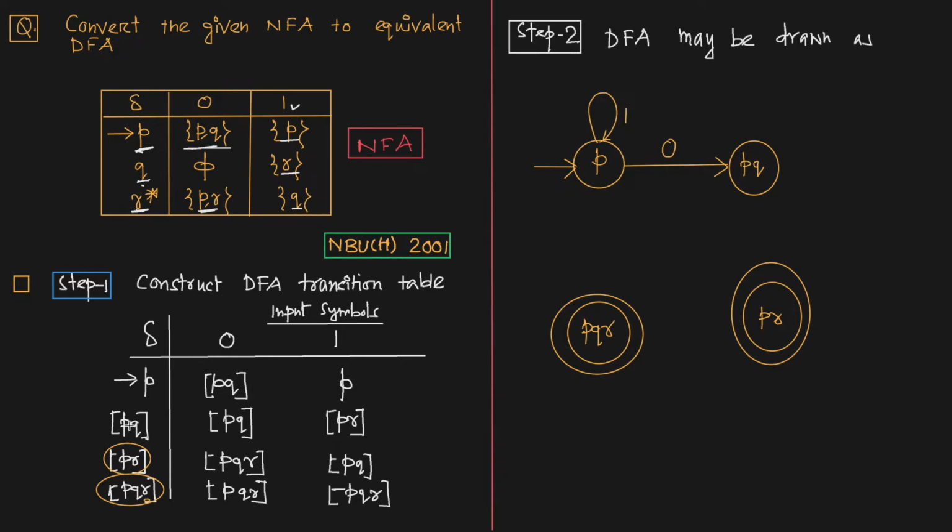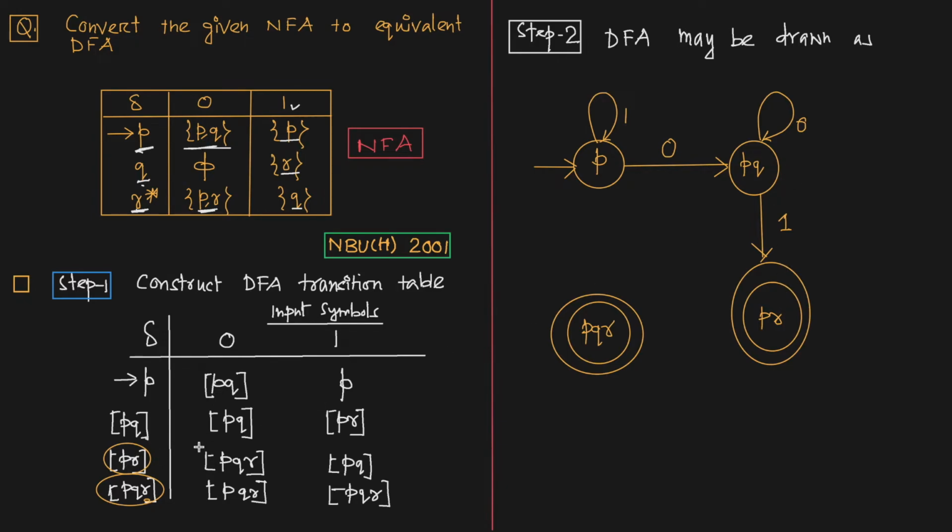Next PQ. PQ on 0 goes to PQ. Next, PQ on 1 goes to PR. So PQ is complete.